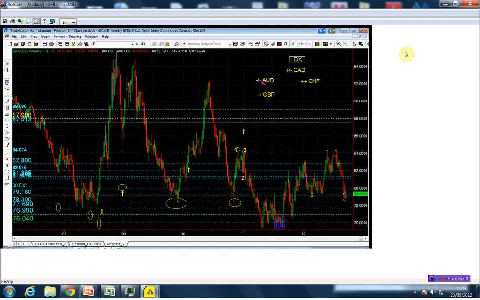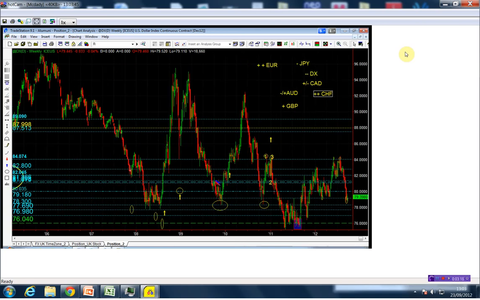The pound, for example, is slightly positive. The Swiss franc was very strong, and we also had the euro very strong from last week, and the yen was kind of weak or neutral. Once we identify and grade each of our individual indices, we begin to pair them up.